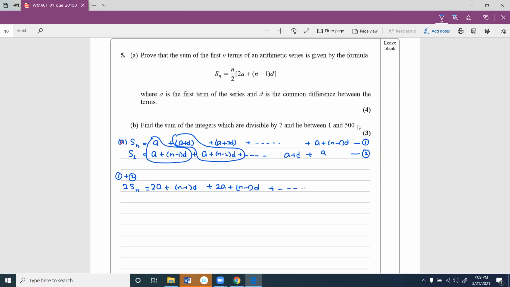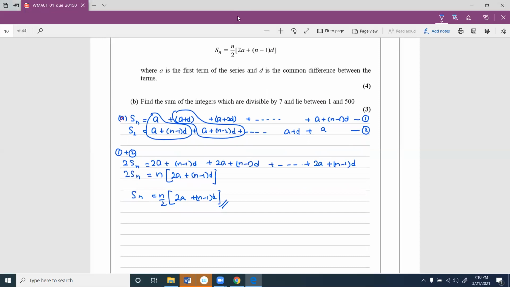Here also the same thing, 2a plus (n minus 1)d. Then there are n terms of 2a plus (n minus 1)d. Then you can write Sn equals n divided by 2 times (2a plus (n minus 1)d) would be the answer. That's a way of proving this theorem.